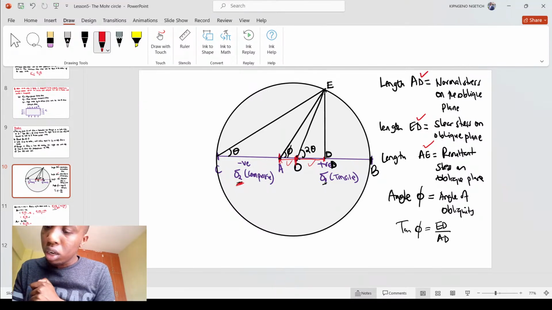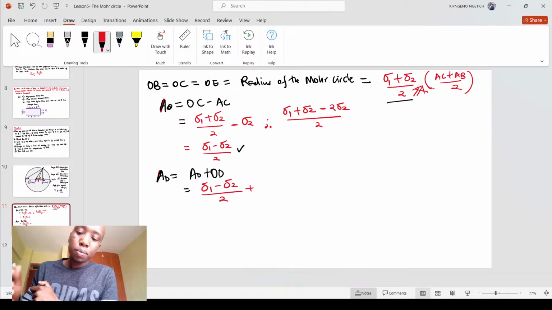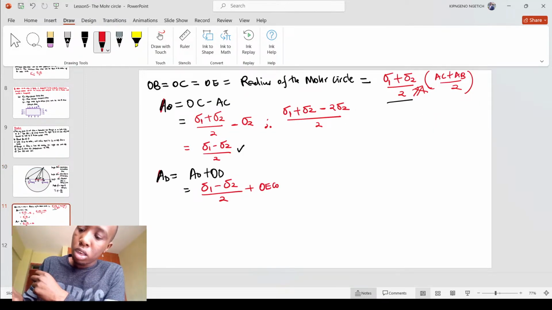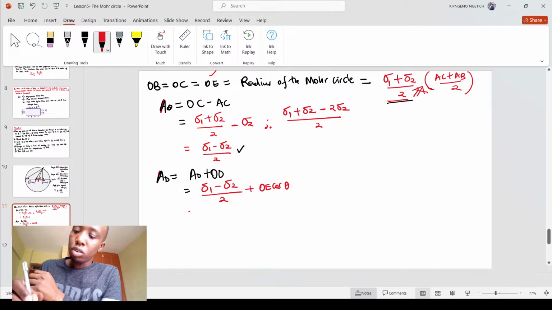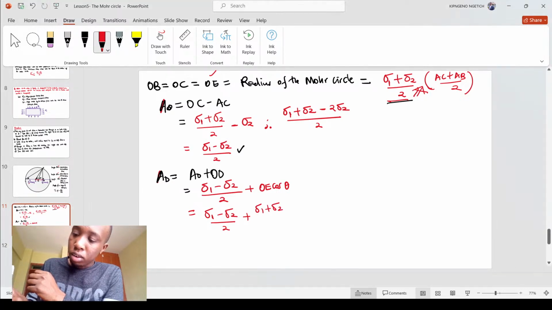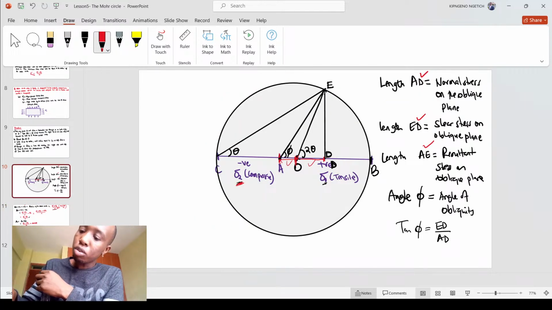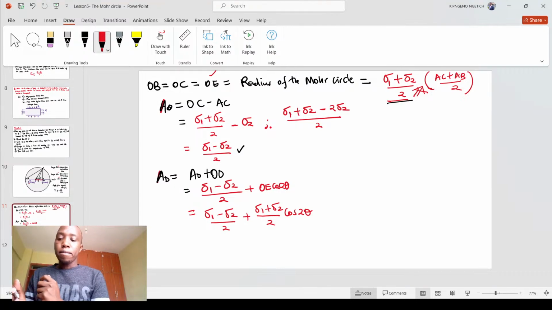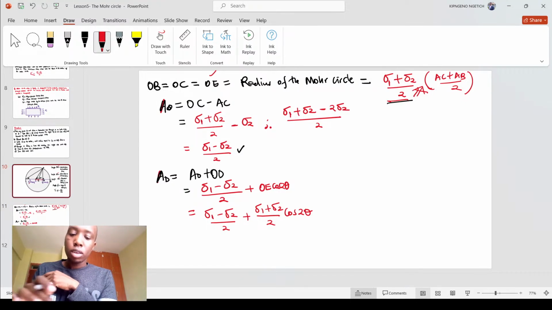So OD will be OE cos of theta. What is your OE? It is the radius. So it will be stress 1 minus stress 2 over 2 plus stress 1 plus stress 2 over 2 cos 2 theta. We are looking at this angle, cos 2 theta. Very good. So you have your AD.